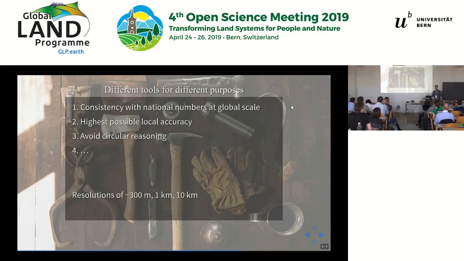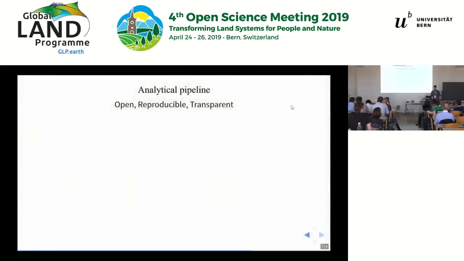This can be, for example, achieved by having various different resolutions that optimize for those purposes, but all of them will have in common that we document their provenance and their quality. So the analytical pipeline will be open, reproducible, and transparent. And it's going to be modular and automated so that we could theoretically, in a future version, take out one module and replace it by another one, for example, by an improved model.